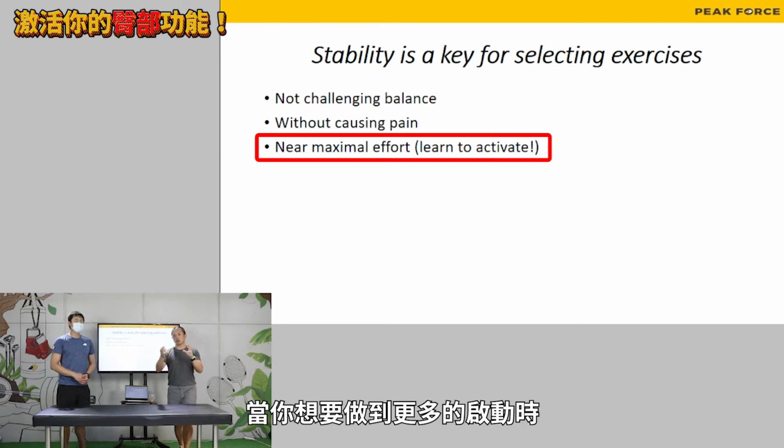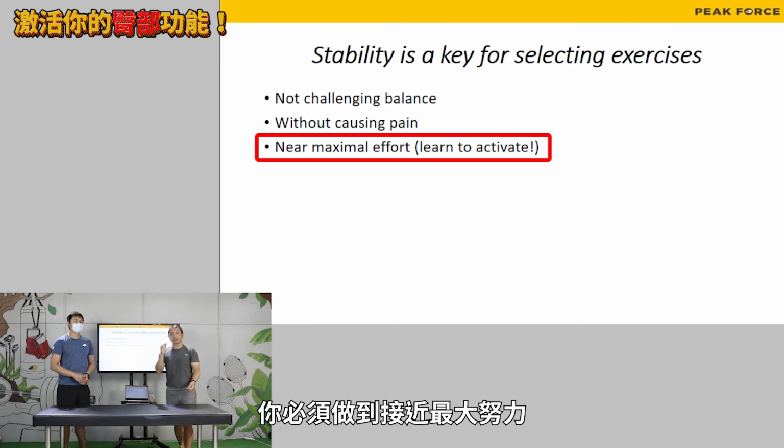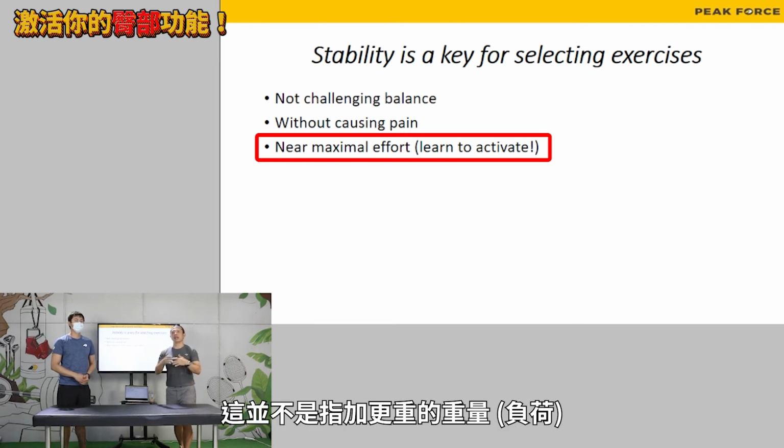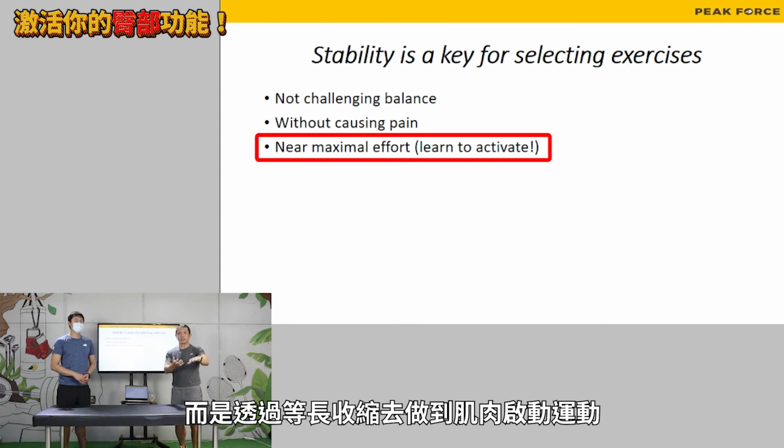If you want to do more the activation exercise, you have to do it at the near maximal effort. And then I'm not talking about putting heavy weights. I'm talking about this kind of a simple muscle activation exercises with isometric contraction.